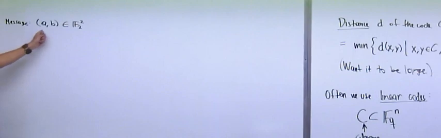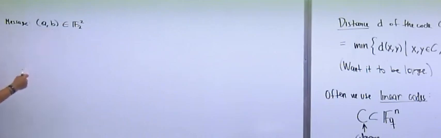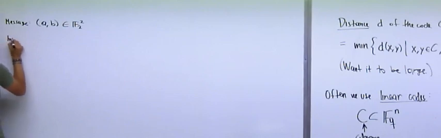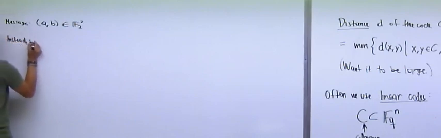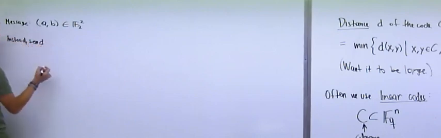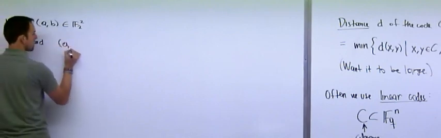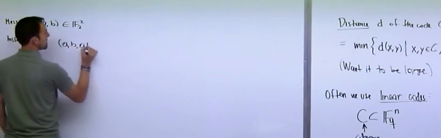The point is you don't want to just transmit A, B because there might be some loss of information there. So what you want to do is maybe transmit a little bit of extra information that will allow you to detect a mistake. So what you might want to do is instead you're going to send A, B, A plus B.